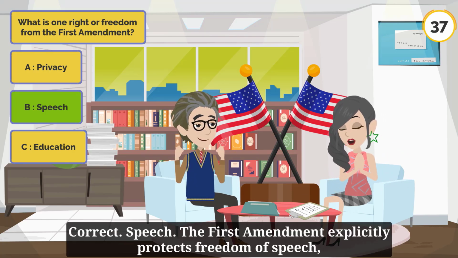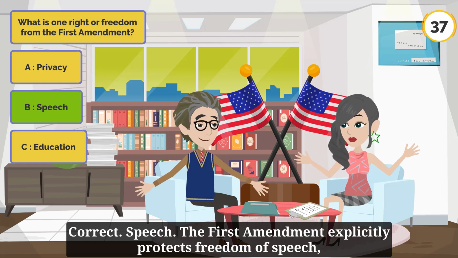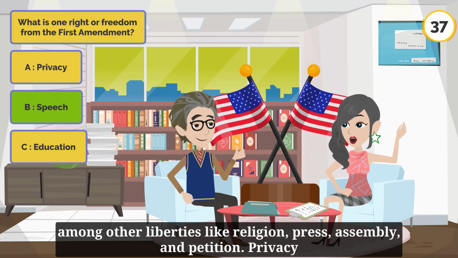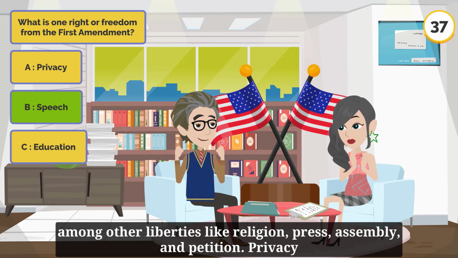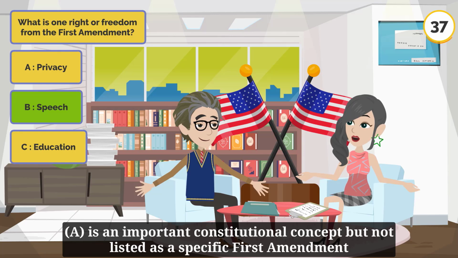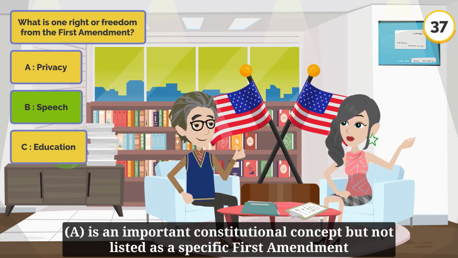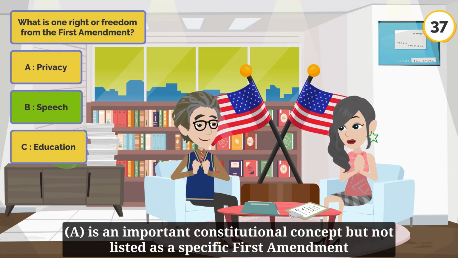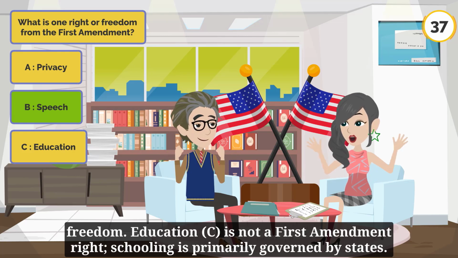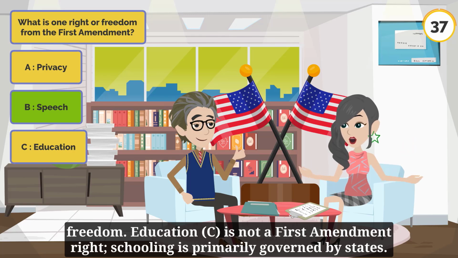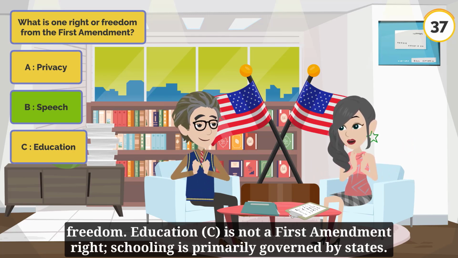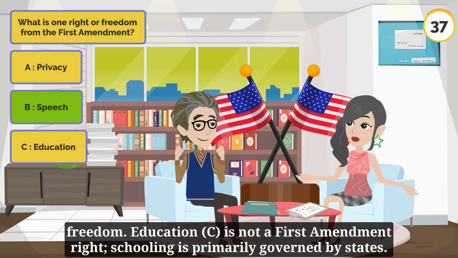The First Amendment explicitly protects freedom of speech, among other liberties like religion, press, assembly, and petition. Privacy, A, is an important constitutional concept, but not listed as a specific First Amendment freedom. Education, C, is not a First Amendment right. Schooling is primarily governed by states.